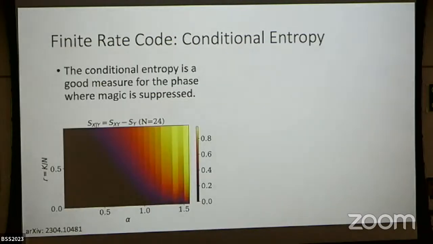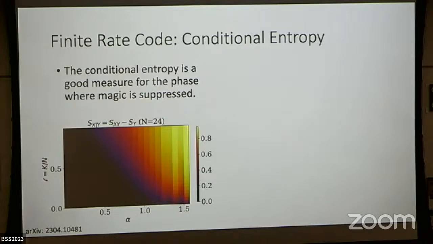Okay, so now we can first look at some numerics. This is the same phase diagram with alpha and R, but instead of looking at the SSRE, we're looking at this conditional entropy, for size n equals 24.